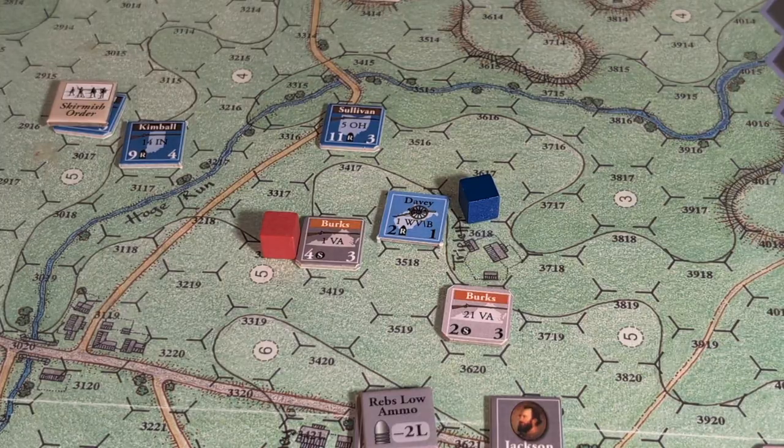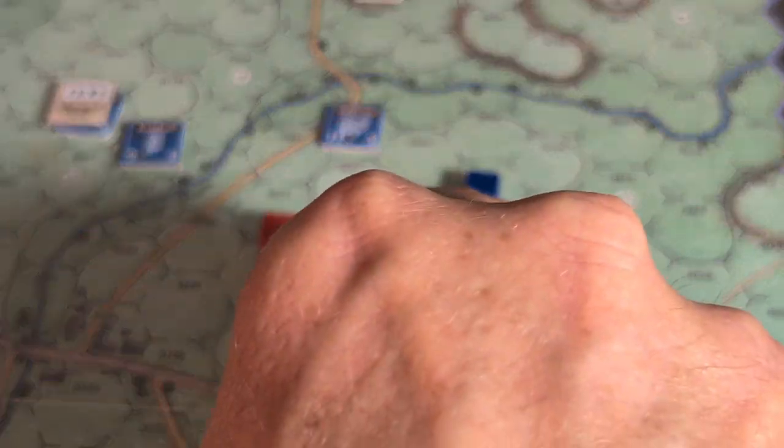Okay, so we've got the break test. But its CR is 0. So it's automatically going to be destroyed. There's no need to even roll. So it gets destroyed.